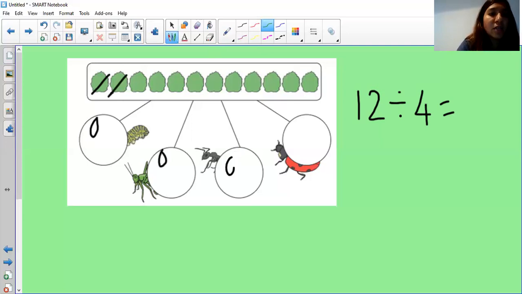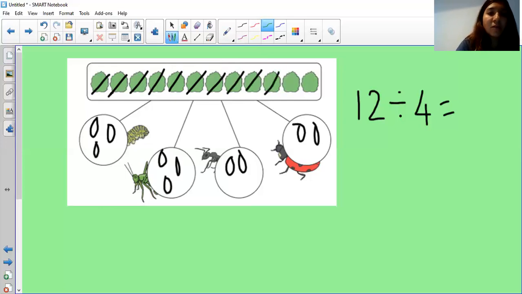Draw it, cross it out until all my leaves have finished at the top. Draw it, cross it out, draw it, cross it out. And if you're using objects, that is absolutely fine too, if that helps you with your sharing.